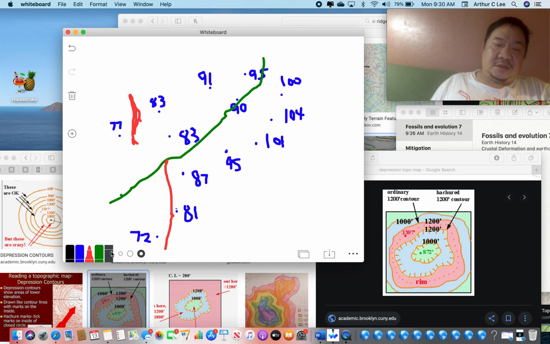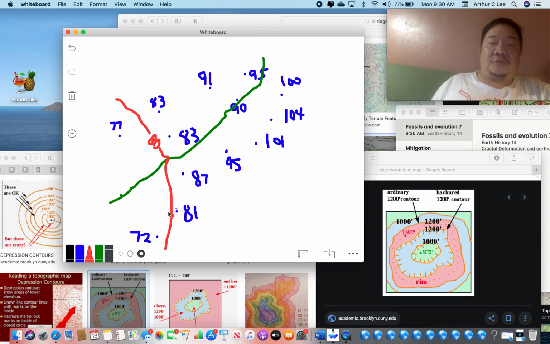Let me try to make it neater for you. 80's right here. And then you always want to put the number in here so that people know what that line represents, and put a little V so it points upstream. Okay, that's your first line.